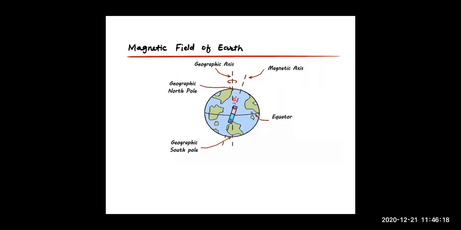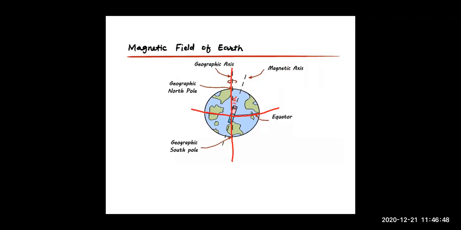Here we should know some terms. The first term: the axis along which the Earth rotates is known as the geographic axis or the rotational axis. And perpendicular to this axis, the line which divides the Earth into two is called the equator.